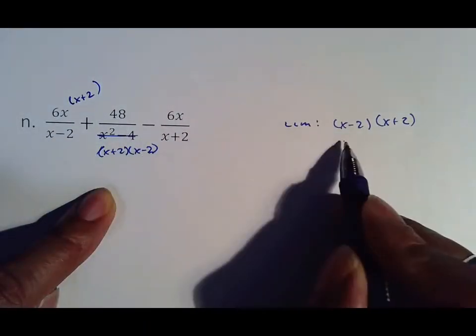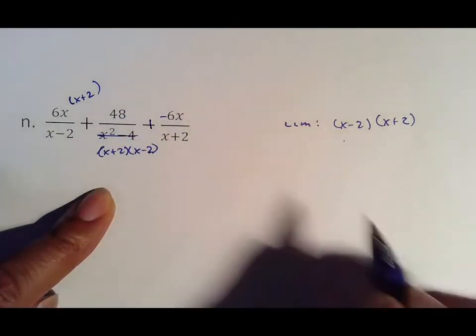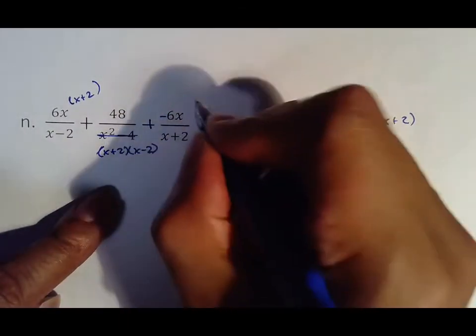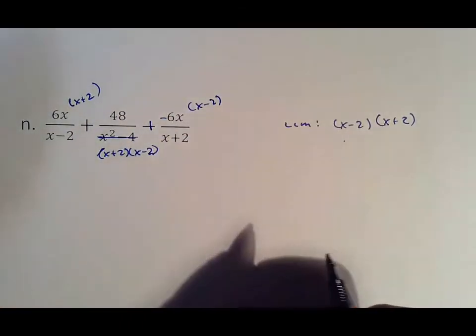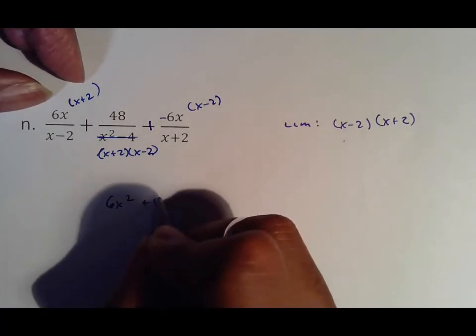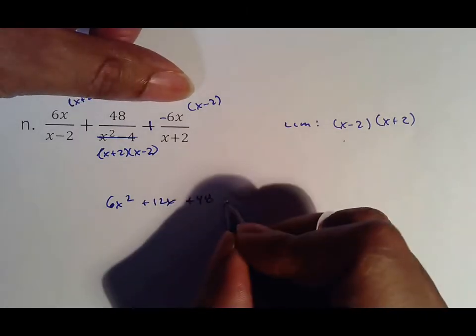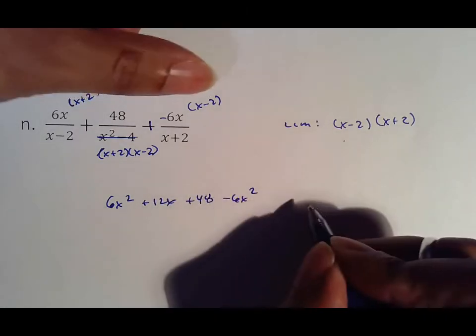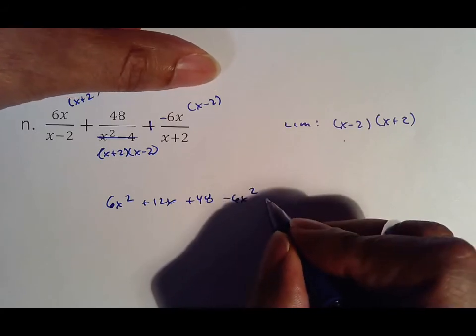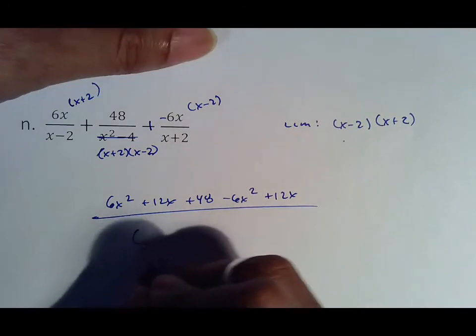What's missing in this denominator is nothing, so leave 48 alone. Remember, the best thing to do is change my 6. What's missing from here is an x minus 2. So this ends up being 6x squared plus 12x plus 48 minus 6x squared plus 12x all over whatever your denominator is.